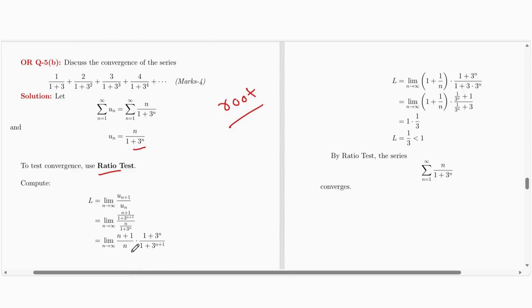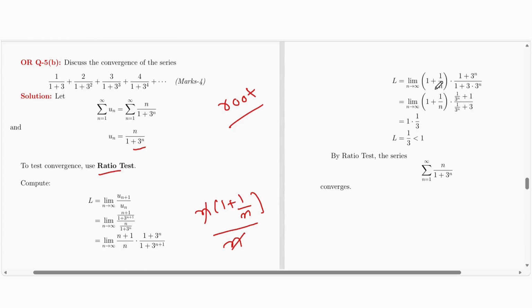Now first of all, from this take n common. What do we get? n times (1 plus 1 upon n), and in the denominator we have n, so n cancels out. We get 1 plus 1 upon n.